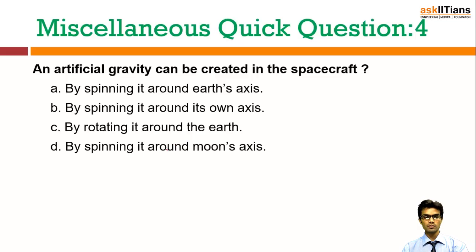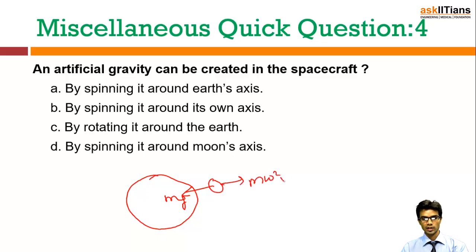Next, artificial gravity can be created in the spacecraft by spinning it around Earth's axis, by spinning it around its own axis, by rotating it around the Earth axis, or by spinning it around the Moon axis. So this is the Earth, this will be mg and this will be m omega square r.